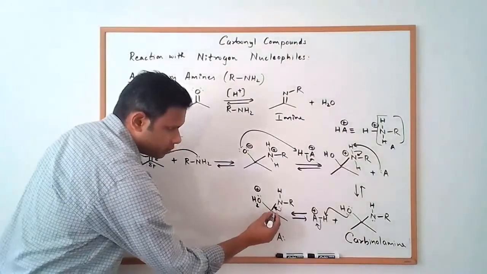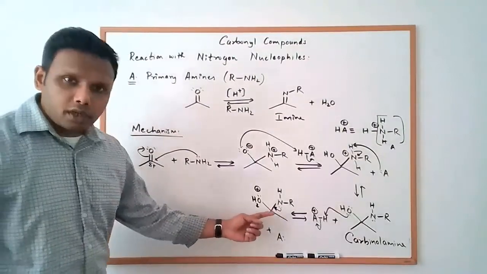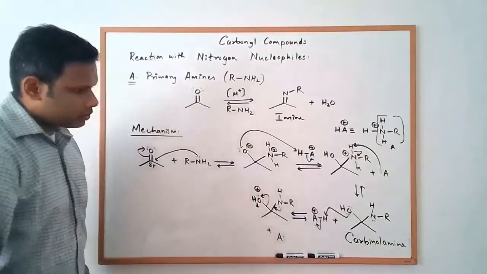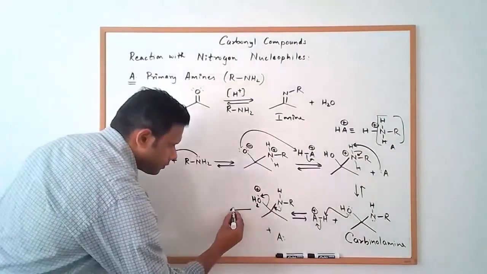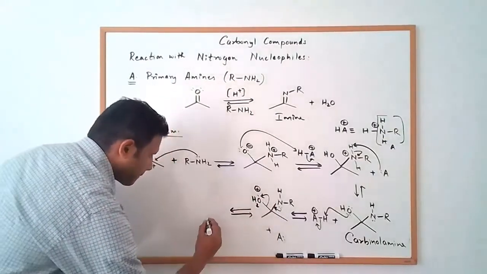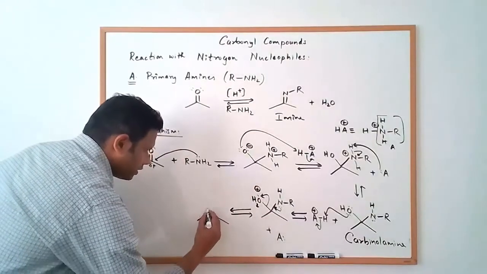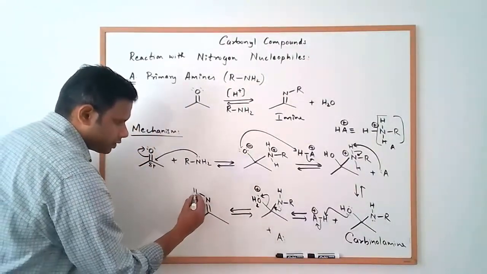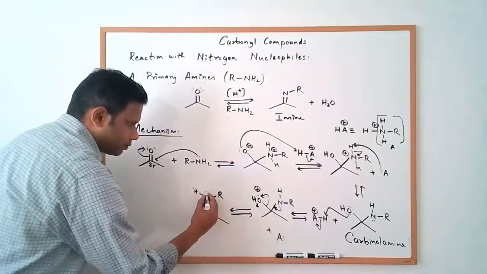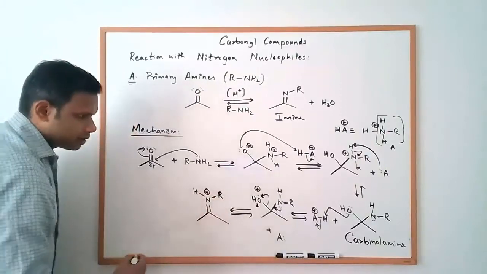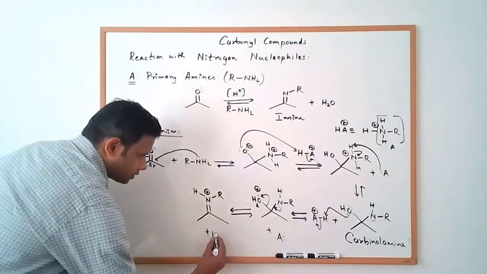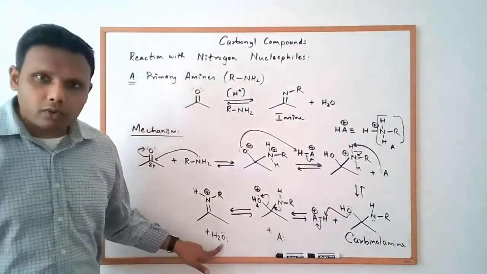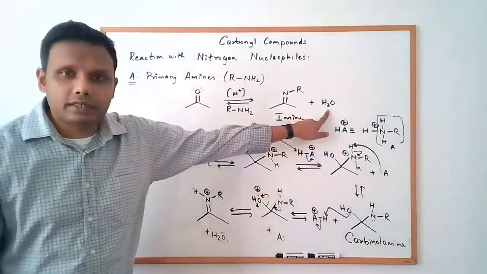So the nitrogen uses its lone pair to help push out that hydroxyl, so this gets kicked out. We get to this intermediate, where we now have the double bond to nitrogen, with a hydrogen, an R group, and a formal positive charge on that nitrogen, plus water. Notice how our water got kicked out.